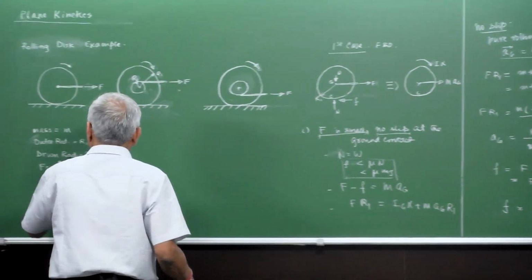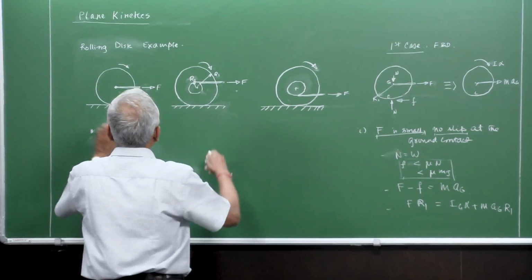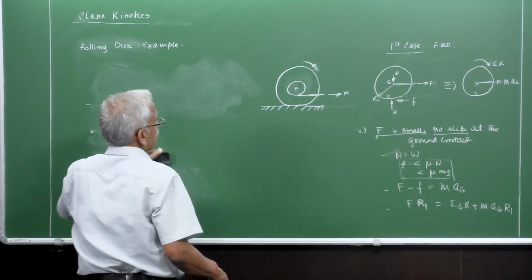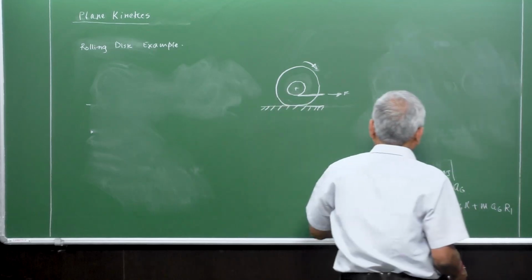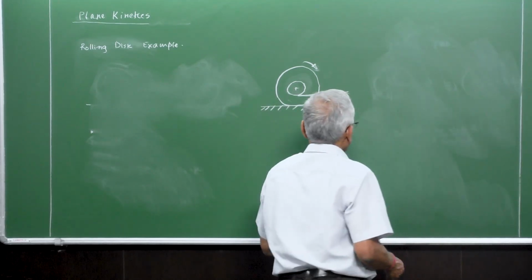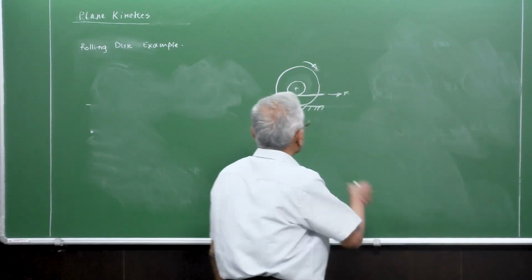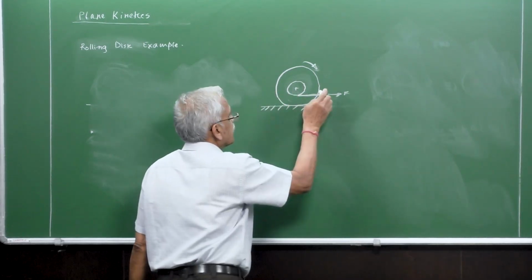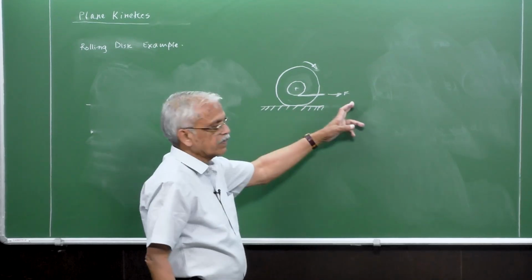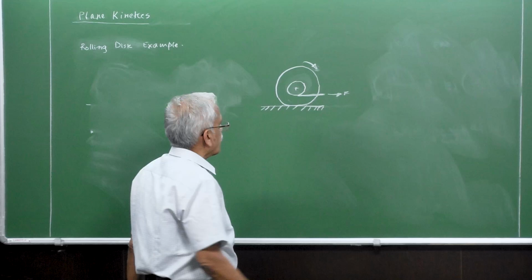So let's say there are other interesting cases here. This one, I'll leave the other case to you as homework. So here we have a drum on which we wound a rope or a cable, and then we are pulling out the cable from the bottom.